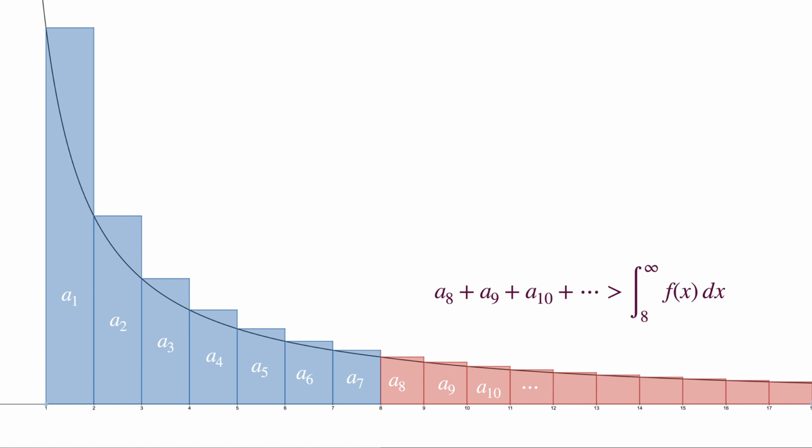Now, the way that we have picked our rectangles, they're protruding past the curve. In other words, we're using left endpoints to find heights of the rectangles, and thus we're getting a value for the remainder to be greater than the associated definite integral from 8 out to infinity.